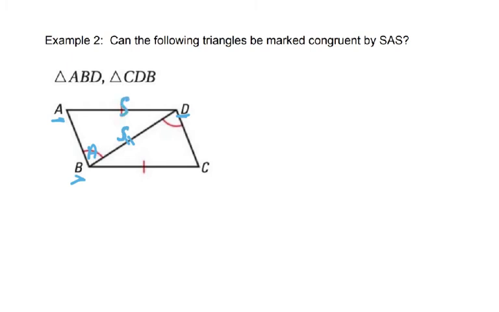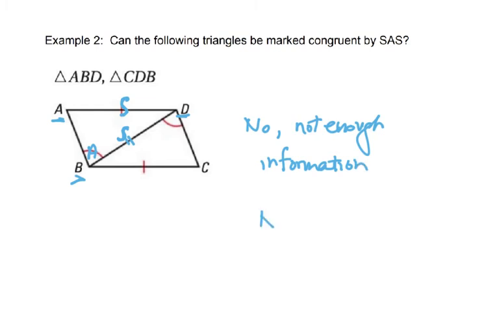That is not side angle side, because if it was, for this side, this angle would have to be marked, and it's not. So, no, not enough information to make side angle side work. Yes, we have two sides and an angle, but not in the right order around the edges of the triangle. On your homework assignment, those are the ones we've been putting NEI in the blank for not enough information.